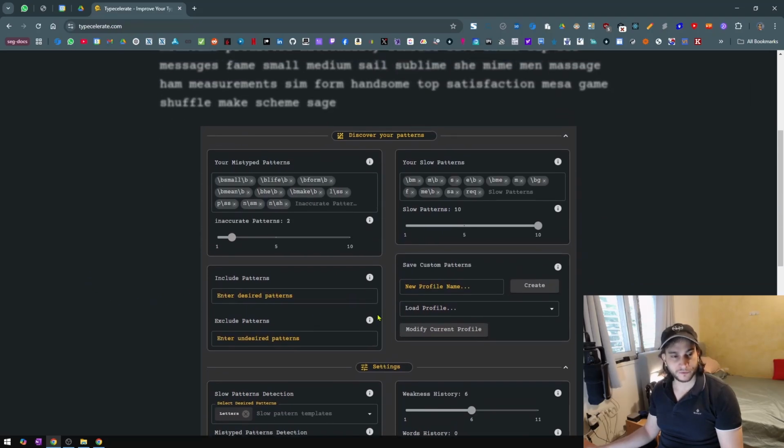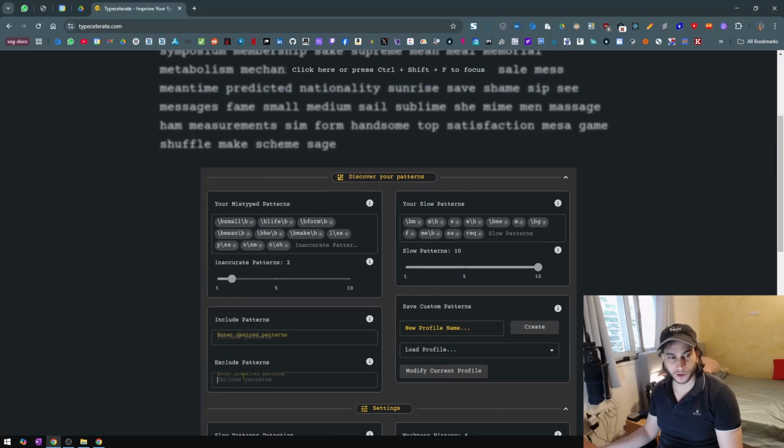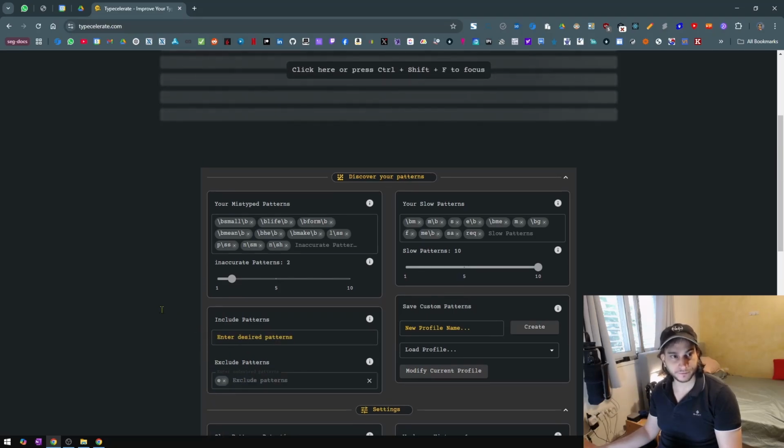Okay, so if you look right here, you can see there are another 2 boxes where you can have patterns, but they're not filled automatically like these ones. You need to fill these boxes yourself, and they're for patterns that you want to either include in the tests or exclude from the tests. So for example, put simply, I don't want to see the letter E, right?